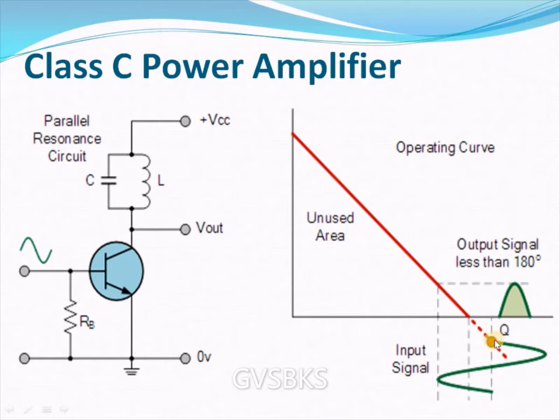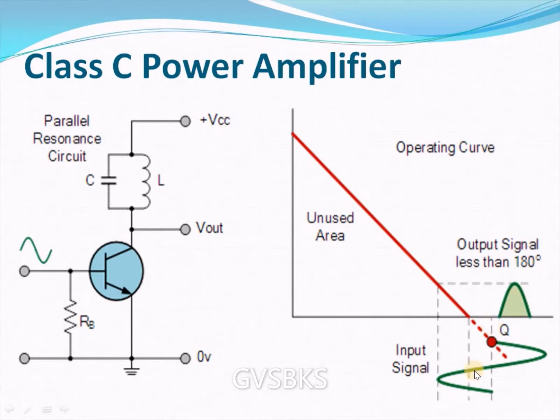So what happens if you select the Q point like this? This is the input curve and this is the output curve. As we selected the Q point here, only the portion of the input signal that lies in this region is reproduced at the output side. Whatever signal is present between these two curves will be available at the output side, which is less than 180 degrees.